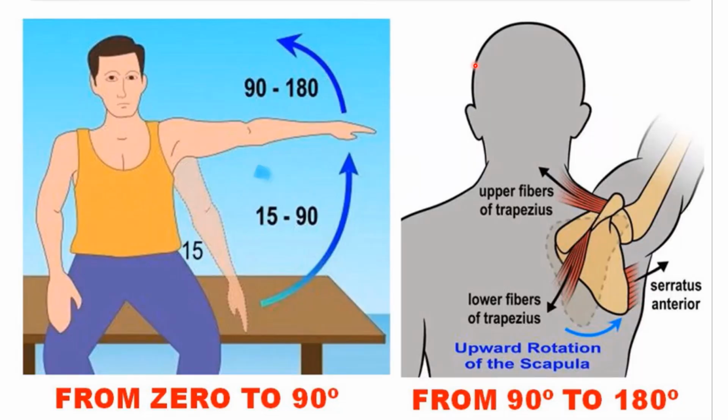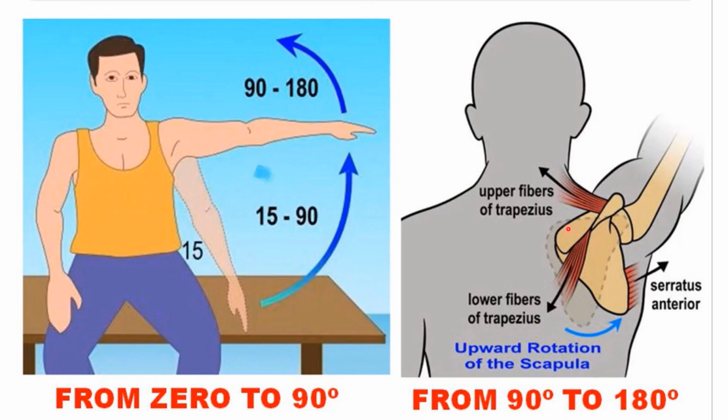Again, to reiterate the movement, abduction of the arm, from 0 to 90 degrees, and then from 90 degrees to 180 degrees. We said that from 0 to 15 degrees, that is orchestrated by the supraspinatus muscle. And then from 15 degrees to 90 degrees is by the middle fibers of the deltoid muscle. Okay, and then from 90 degrees to 180 is orchestrated by two muscles, the trapezius muscle and the serratus anterior muscle.